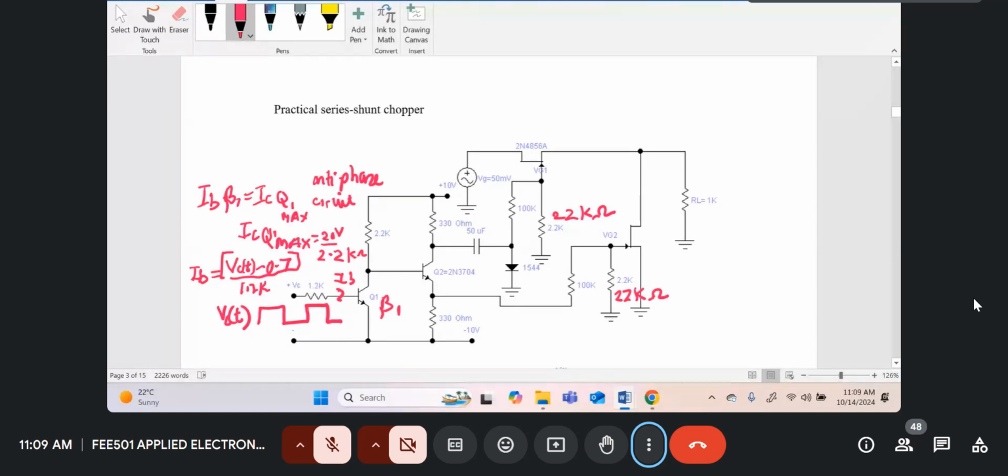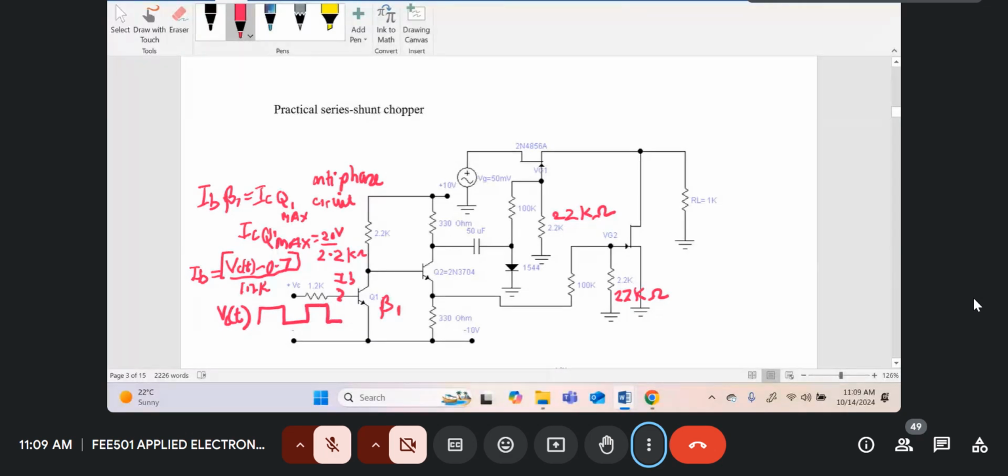When Q1 is on, the voltage between the emitter and collector of Q1 will be approximately 0.2 volts for a silicon transistor. Let's just use silicon, not germanium, because it's the most common in the lab.